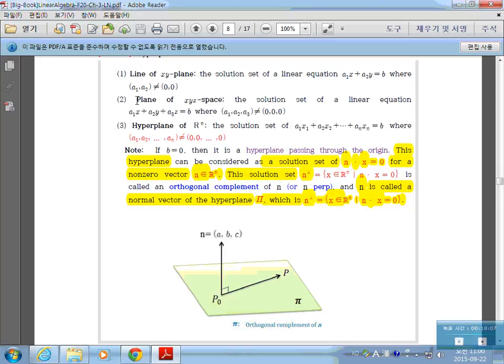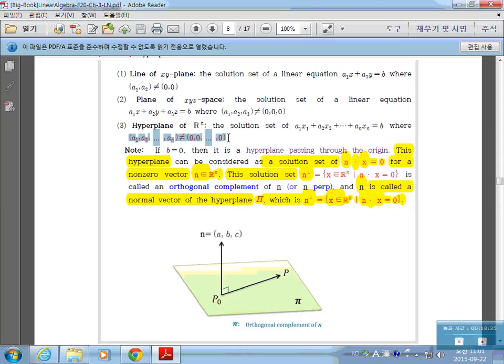A plane in xyz space is the solution set of a linear equation A1x plus A2y plus A3z equals B, where not all of the Ai's are 0. Okay, this is what you learned in the earlier chapter 1. Now we define the hyperplane of a given vector: the solution set of this linear equation where not all Ai's are 0.